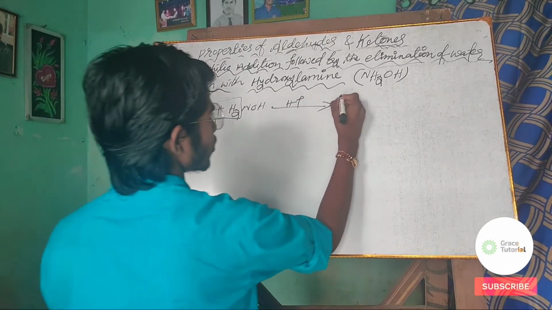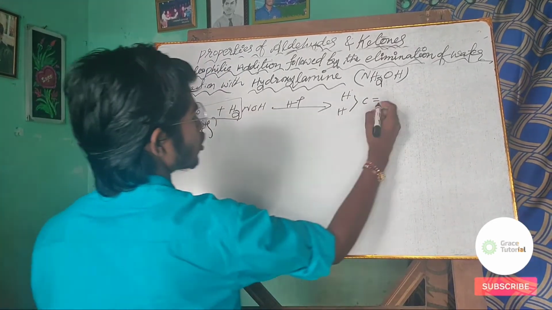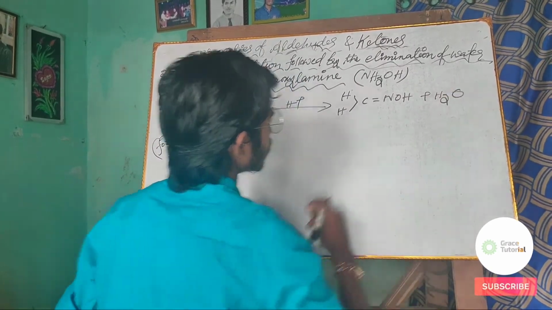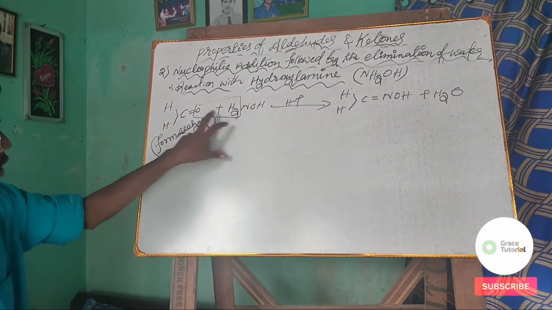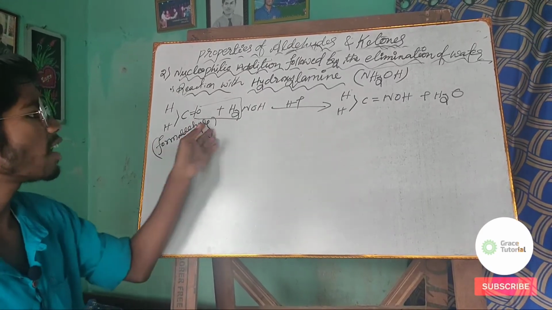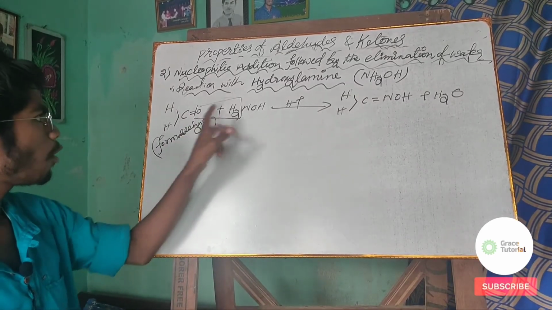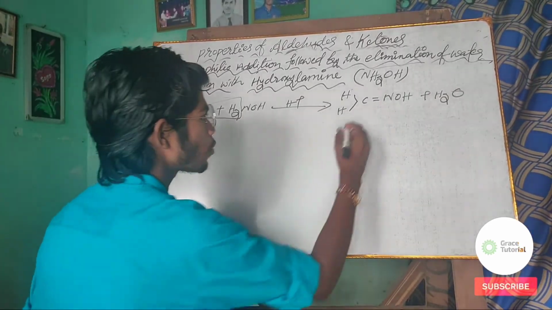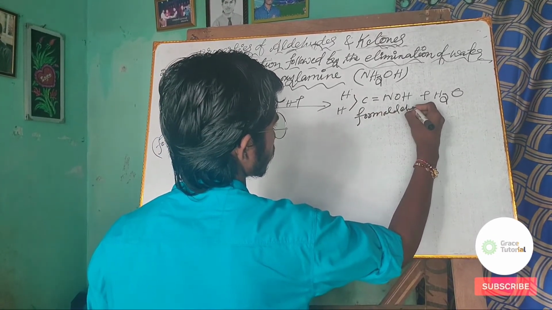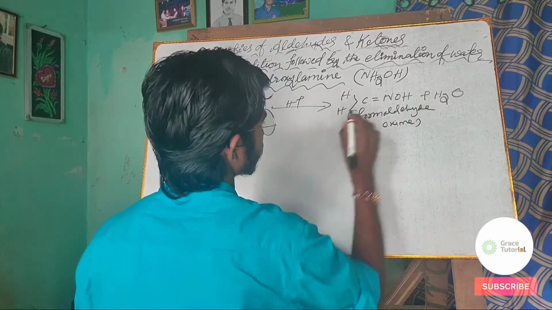As a result, NOH. It's nothing but the H2 of this hydroxylamine reacting with the oxygen atom and finally forming water, and the water is removed from here, giving HHC double bond NOH. This is formaldehyde oxime.